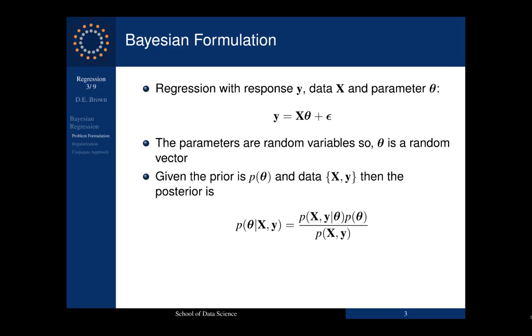That posterior is on theta given the data, and it's just an application of Bayes' rule. We have the likelihood for the data given the values of the parameters theta, the prior of theta, and divided by the evidence, the probability density function for the evidence.